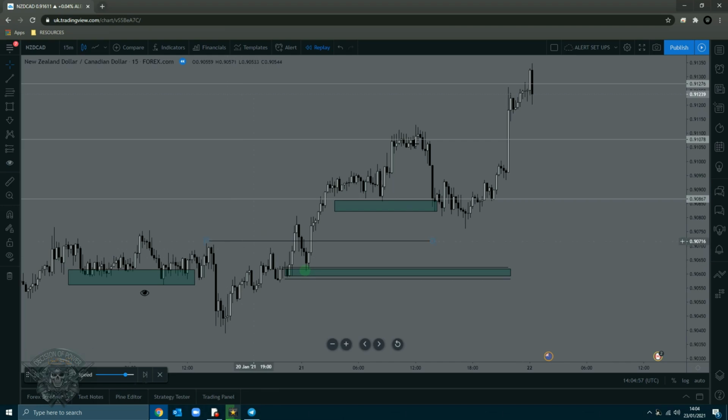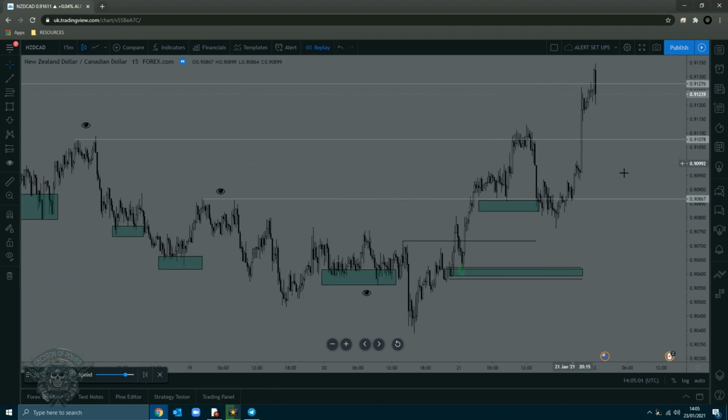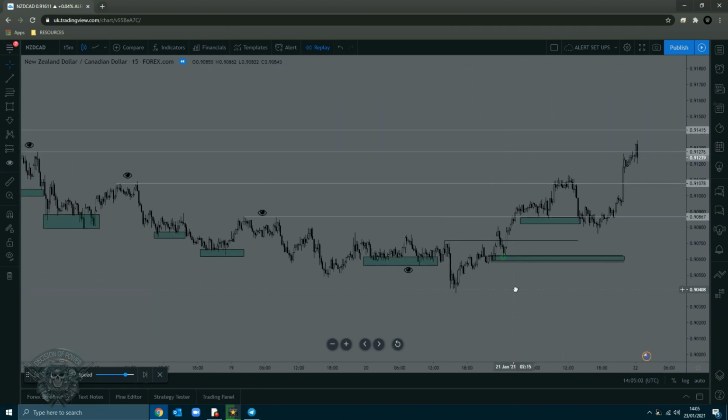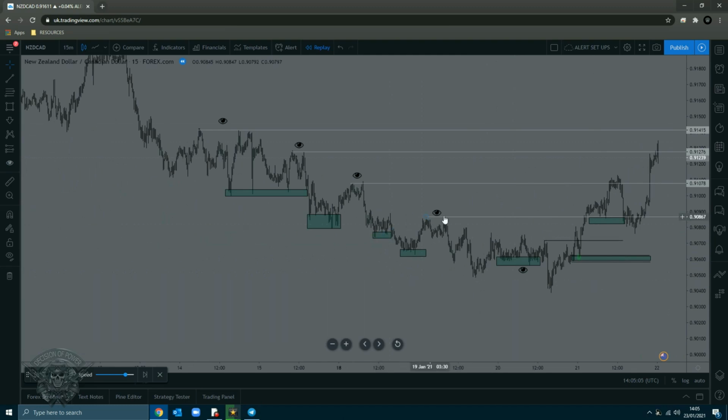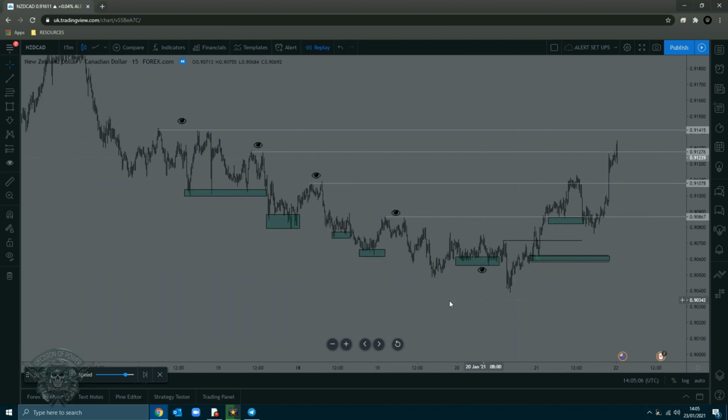And that's right there, that's the third high that we were looking at. So from this setup, you've got first high there, second high there, third high there.